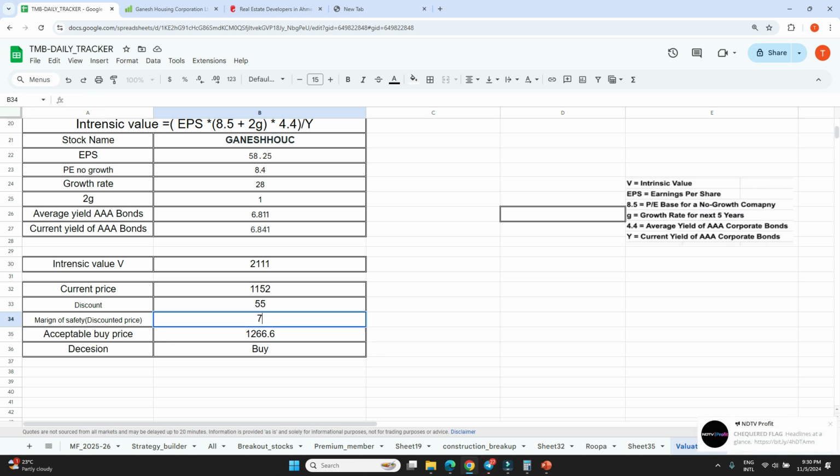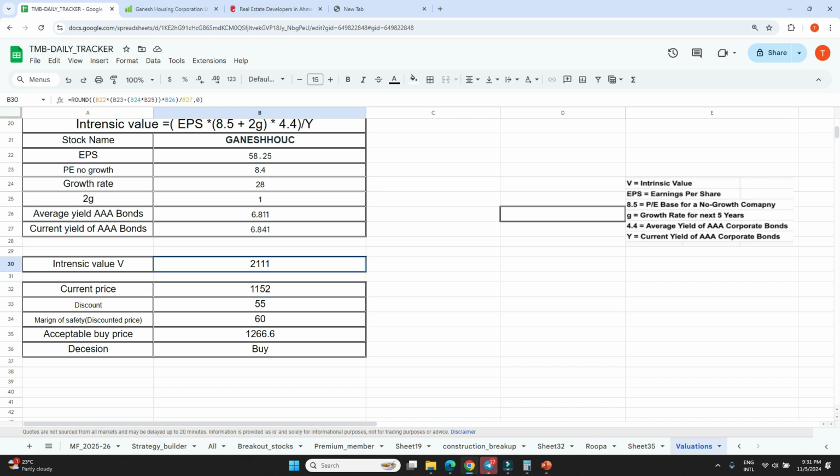Even 70% means 1400. If we go to 80% of this value, this number is increasing. Most ideally, I am expecting 60% of the stock value, whatever the current price.